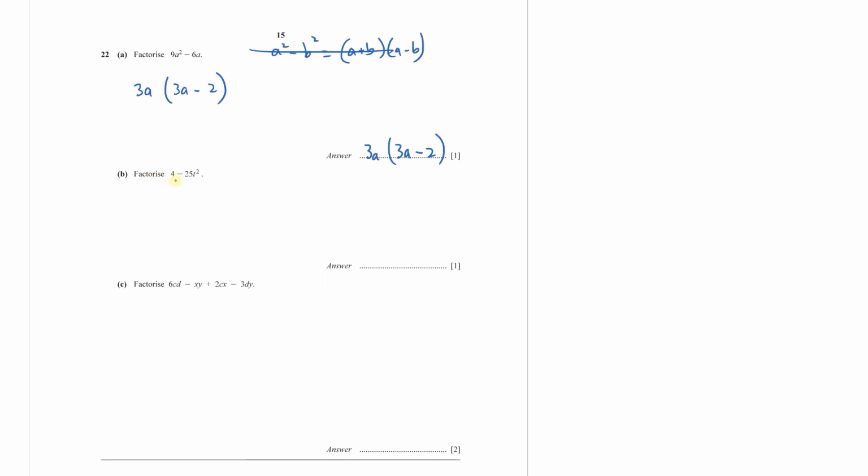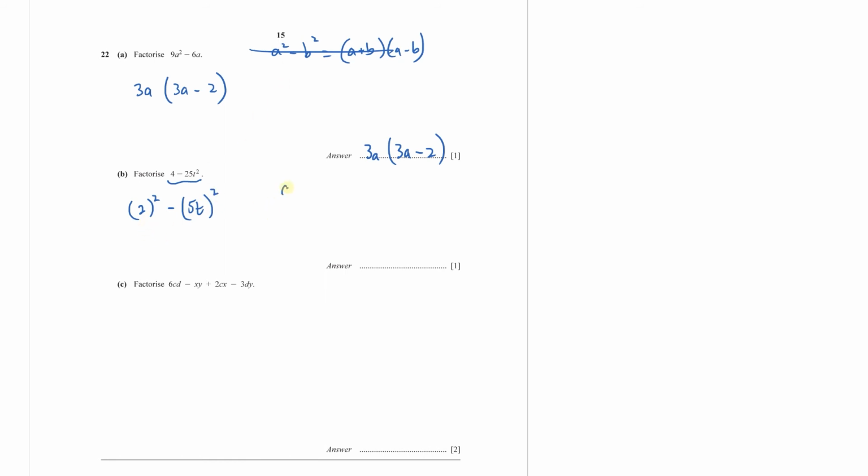Part B is factorize 4 minus 25t squares. Now here I can use this formula that I wrote in the first part, because 4 is also a complete square and 25 is also a complete square, and then you are given t square. So I can write this as 4 can be written as 2 squared minus 25t square can be written as 5t whole square.